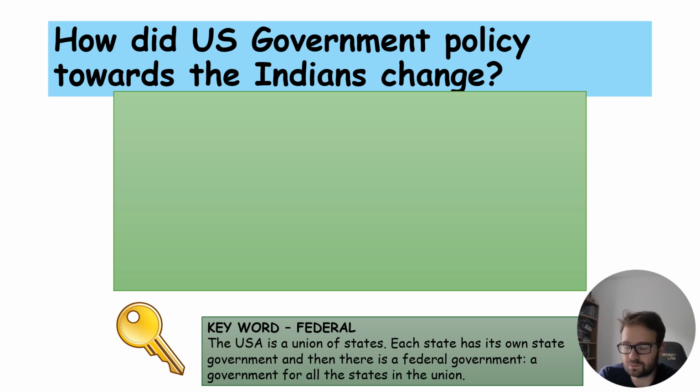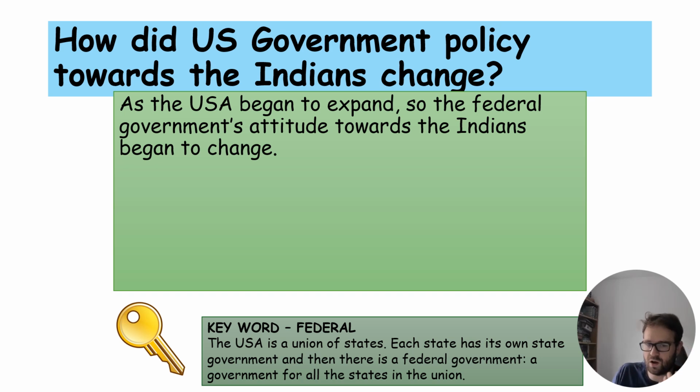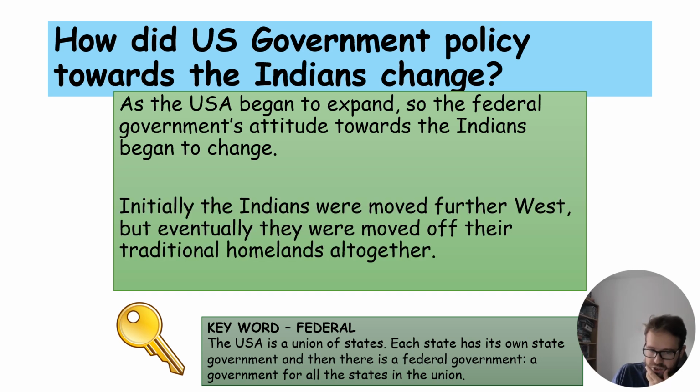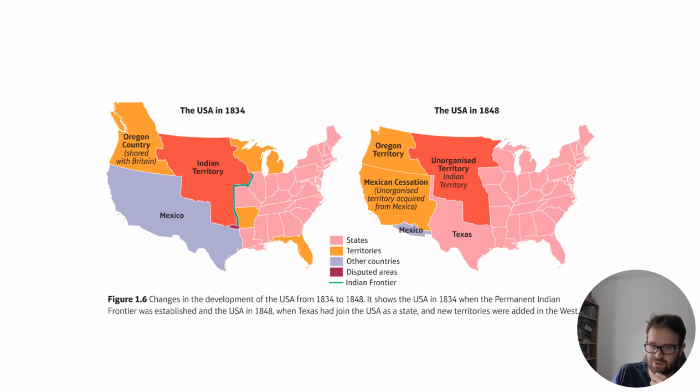And most importantly, it will be the US government and their involvement and how their policy consistently changes over time here. So the government are beginning to expand. The federal government's attitude begins to change. Initially the Indians move further west, but eventually they want them moved altogether, and this whole topic is all about that process.